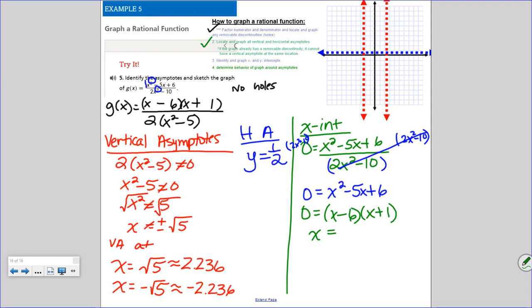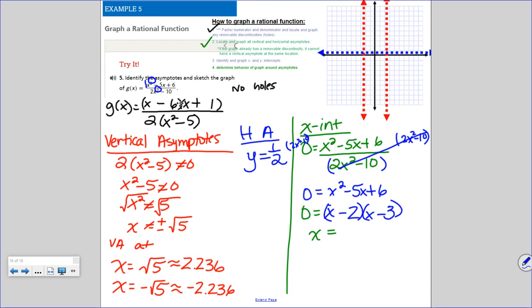Well, I factored it once, but I factored it incorrectly. Let's fix this. Let's try this again. Factoring x squared would be x and x. I need to multiply to get positive 6. So 2 times 3 is positive 6. Make them both negative. They'll add to be negative 5.